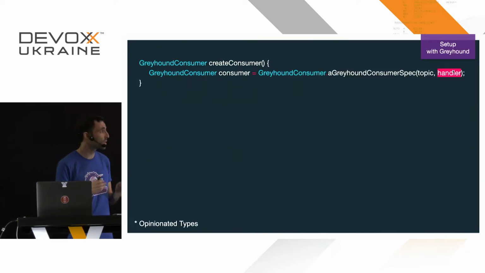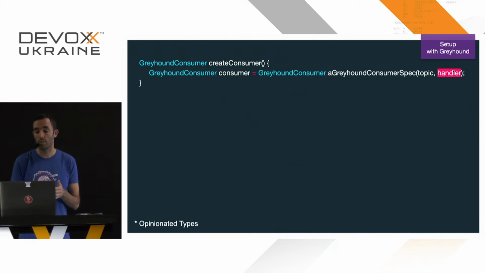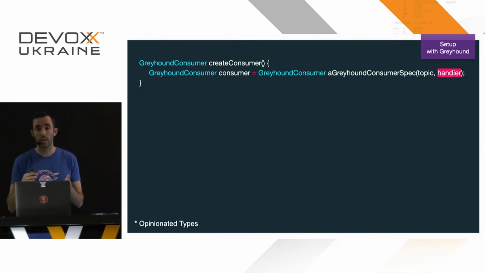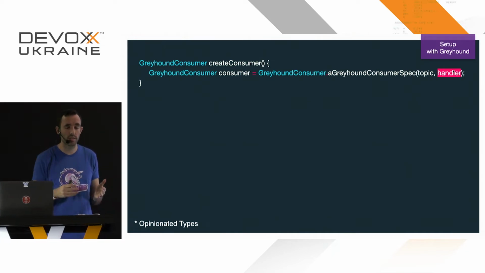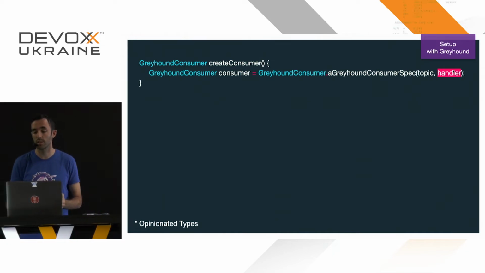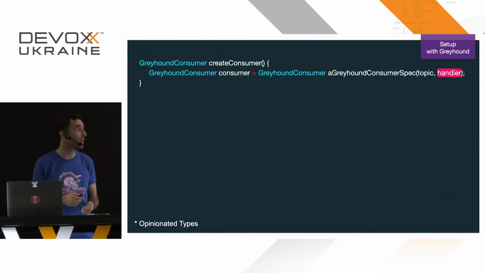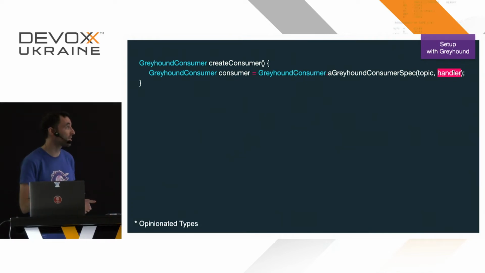So with Greyhound, it's very opinionated, and it wants the developers to use types, and it just works behind the scenes with Jackson, so you can have JSON serialization or Proto serialization, and you just submit a handler, which I'll show in a minute, which works on a specific type.